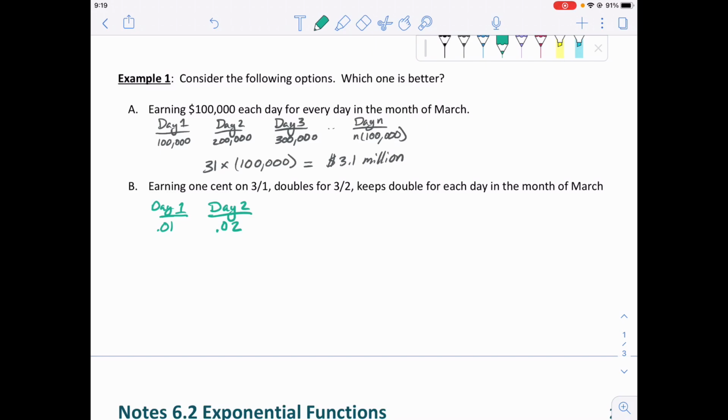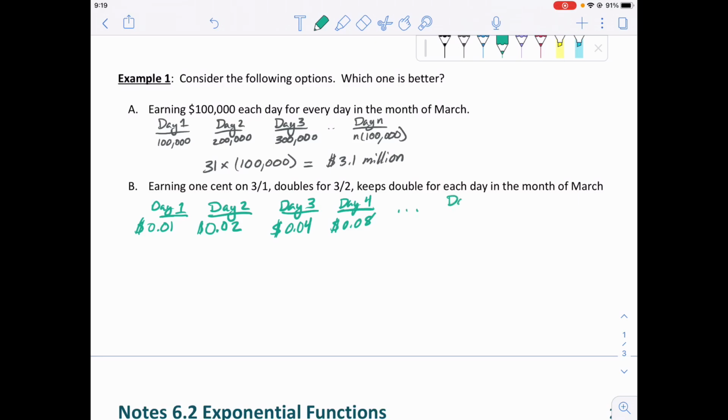So now I have 2 cents. Woohoo! On day 3, we're going to double again. Now we've got a whole 4 cents. Making money. What about on day 4? Double that again. We've got 8 cents. Money in the bank. Guess it's better than nothing, right?